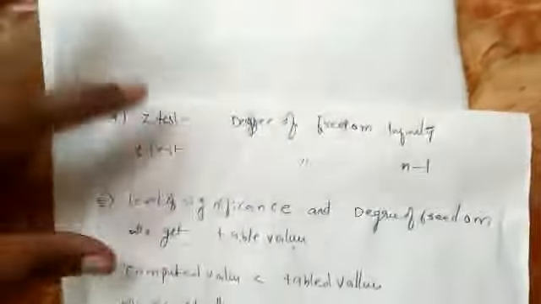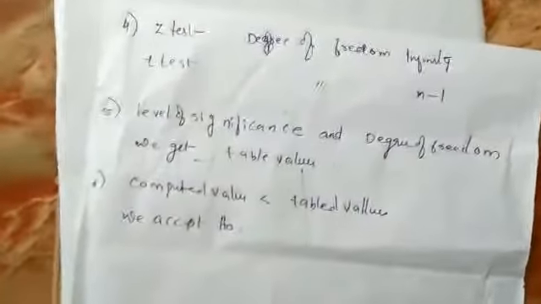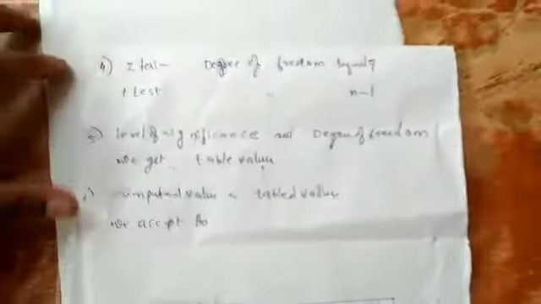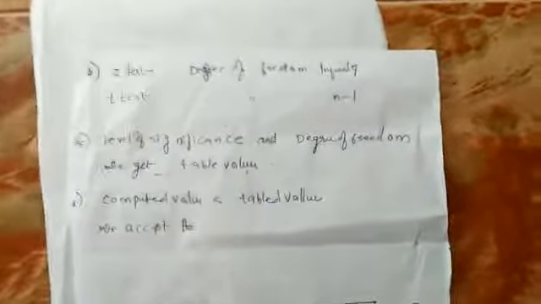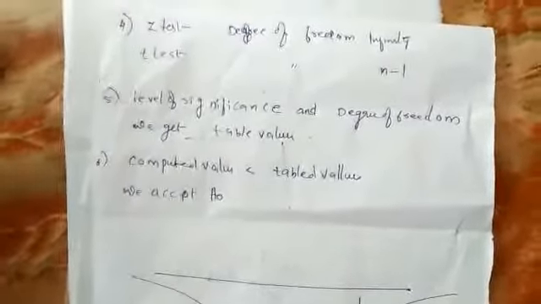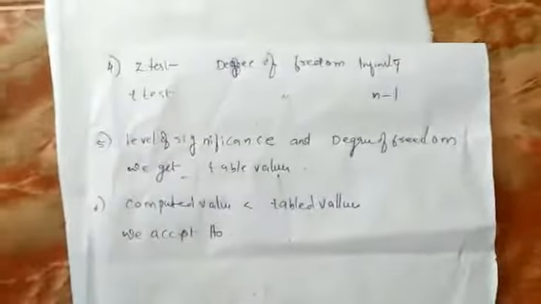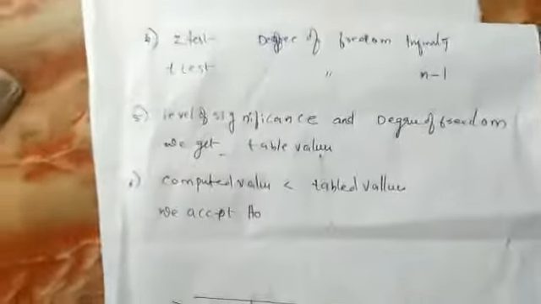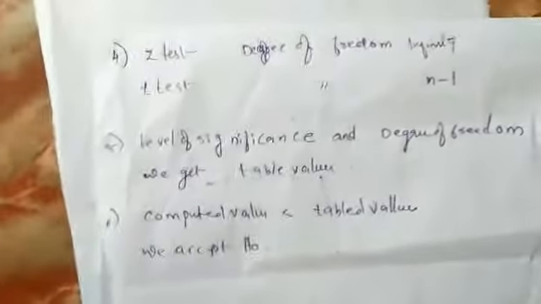For the corresponding level of significance and degree of freedom, we get a tabled value from the statistical table. Then we conclude: if the calculated value is less than the tabled value, we accept the null hypothesis. Otherwise, we reject the null hypothesis.